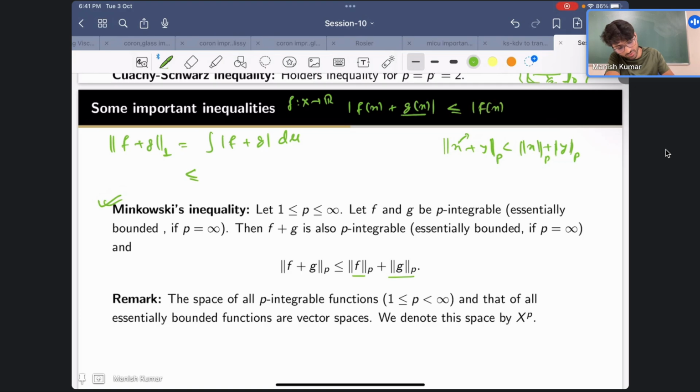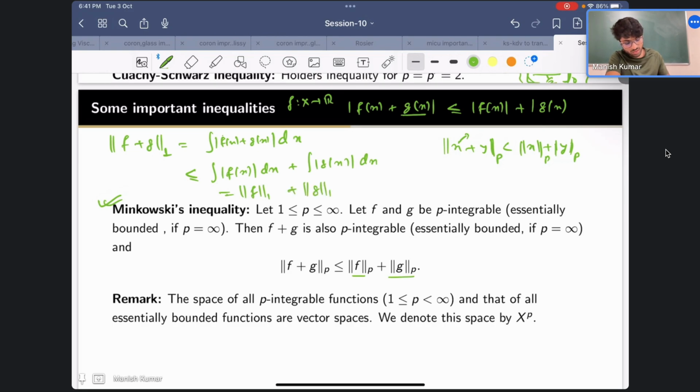So this is at most the integral of mod of f of x plus mod of g of x, dx, as a Lebesgue integral. Splitting this, you get the integral of mod f dx plus the integral of mod g dx, which is nothing but the 1 norm of f plus the 1 norm of g.